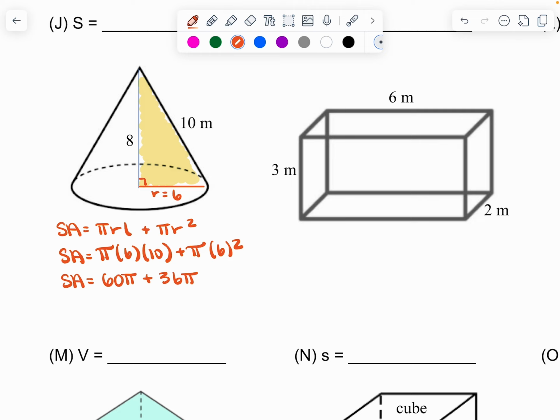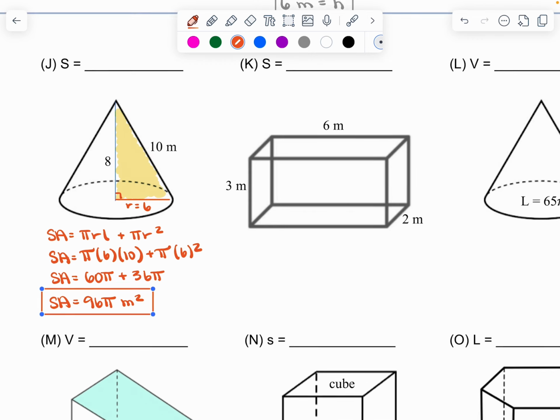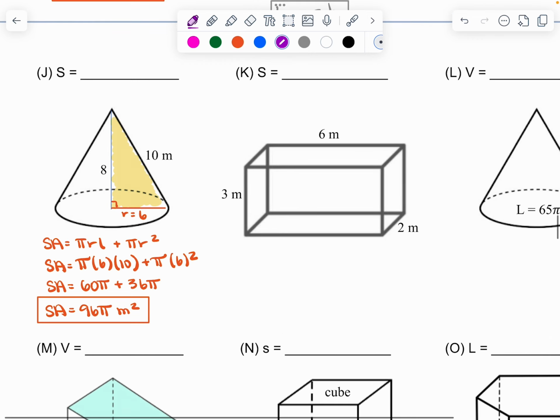So we're going to get 60 pi's for the lateral plus 36 pi's for the area of the circle base. We're going to add that together, and clearly that's going to give us 96 pi. And that would be square meters.